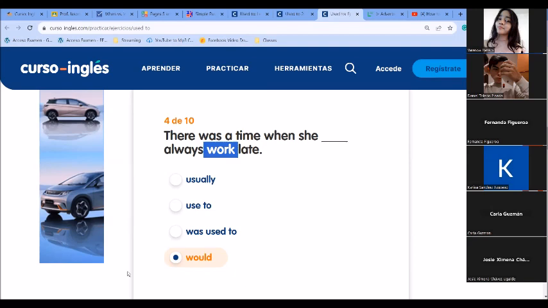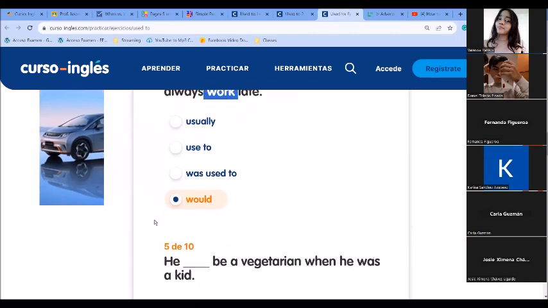This was her past routine, and we can use would for that. There was a time where she would always work late. Okay, repeat. There was a time when she would always work late. And I'm sure there was a time where you would travel to prepa instead of university. That was a past action.